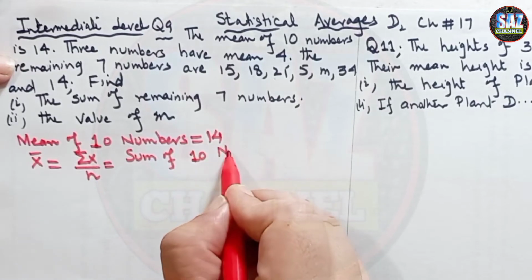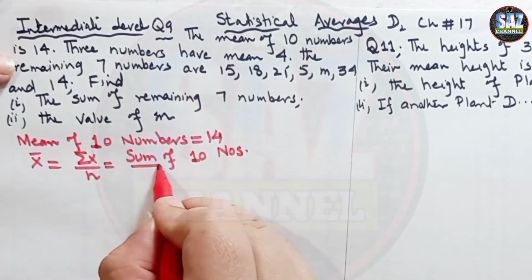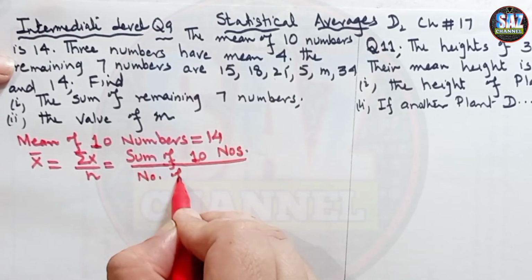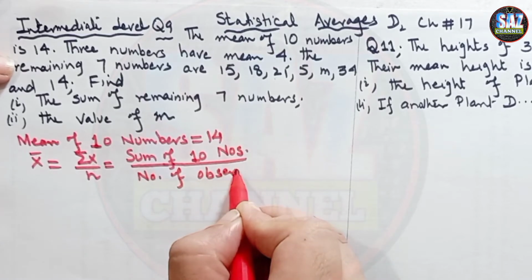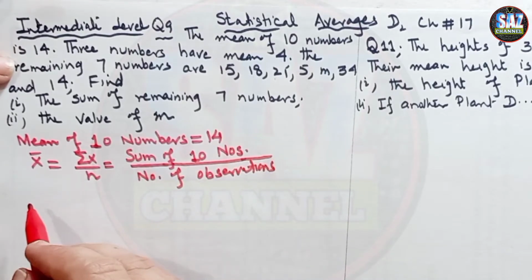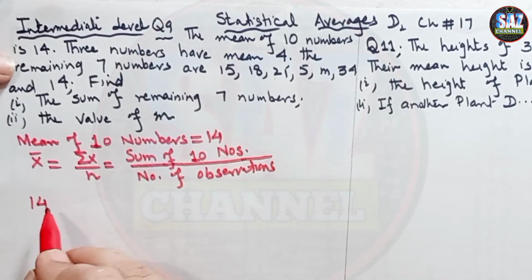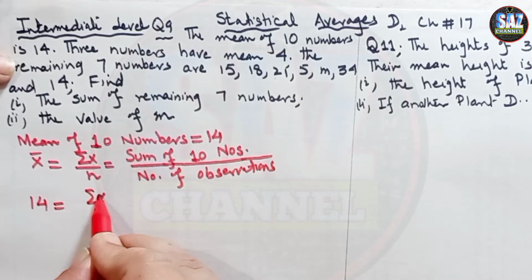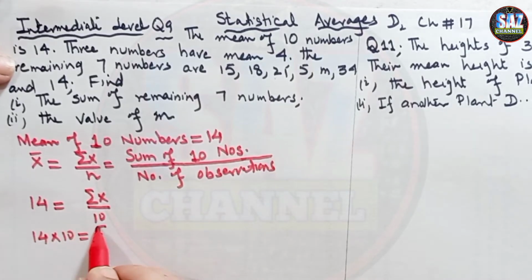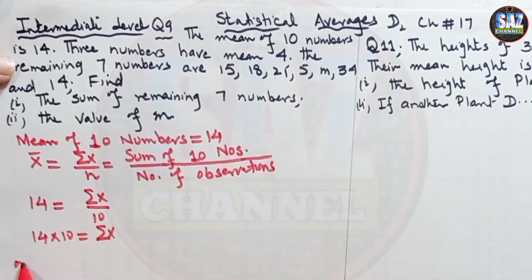The mean of 10 numbers is 14, so 14 equals summation of x upon 10. Go for cross multiplication. 14 times 10 equals summation of x, or 140.